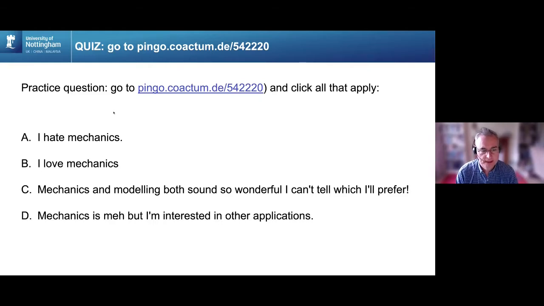If you maybe are interested in all these other applications, but not so much in mechanics, or if it sounds wonderful, that would be great for us to know as well. And this will hopefully give you some practice at using this quiz before we carry on.